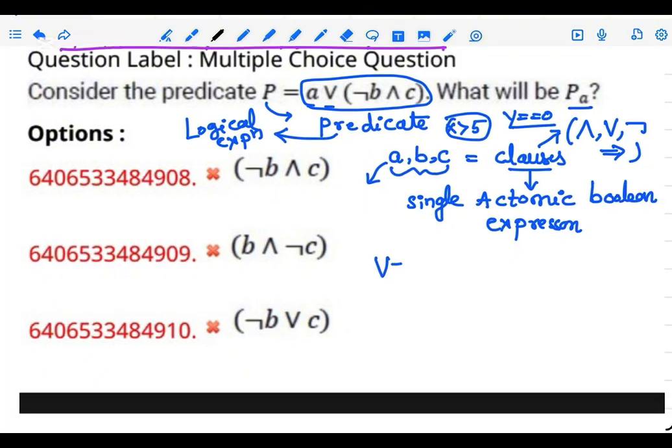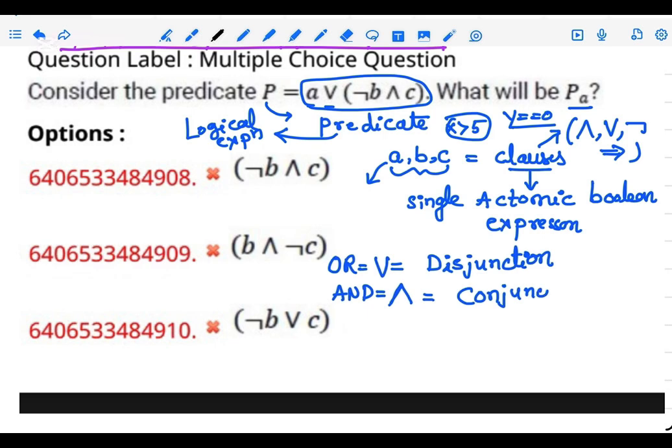This is the OR gate, the Boolean logical operator. This is called disjunction. And the AND gate, the inverted V, is conjunction. And this is the NOT gate.